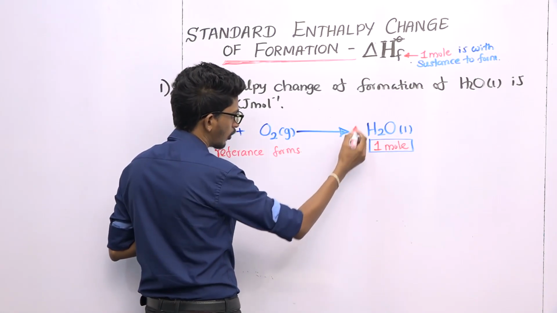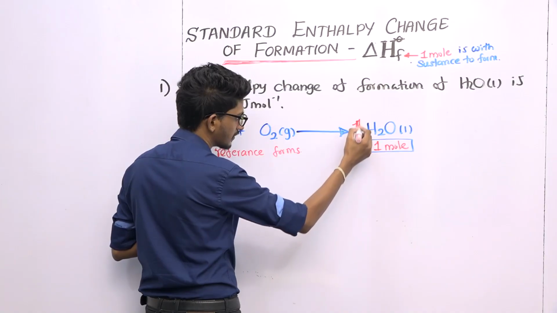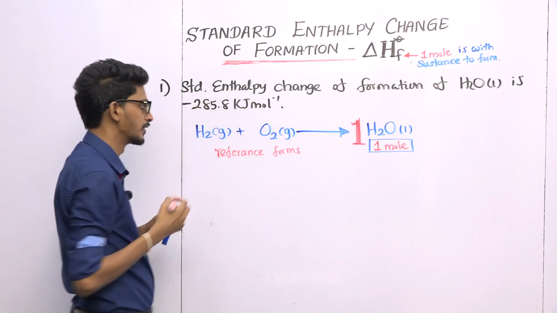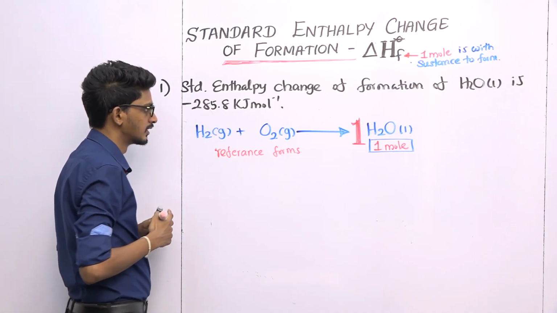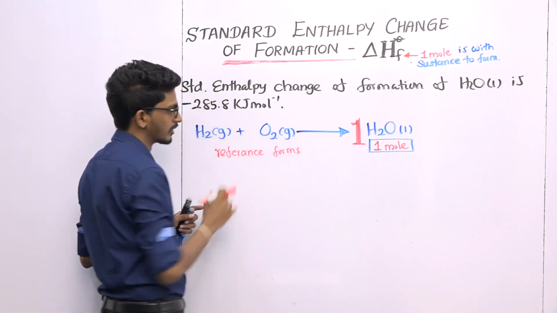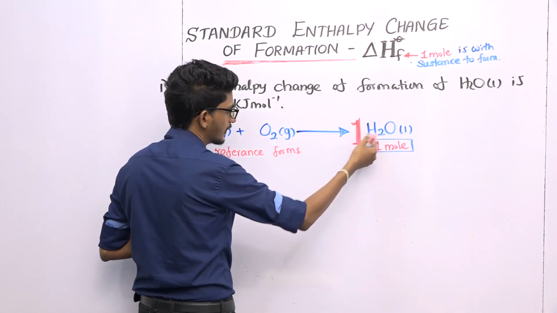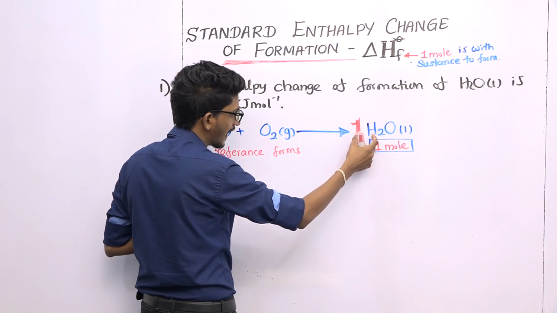With the 1 mole substance, the stoichiometric coefficient is always going to be 1. That is how thermochemical equations are balanced. Relative to that, the other components will be balanced. So you will have two hydrogens at the right hand side.